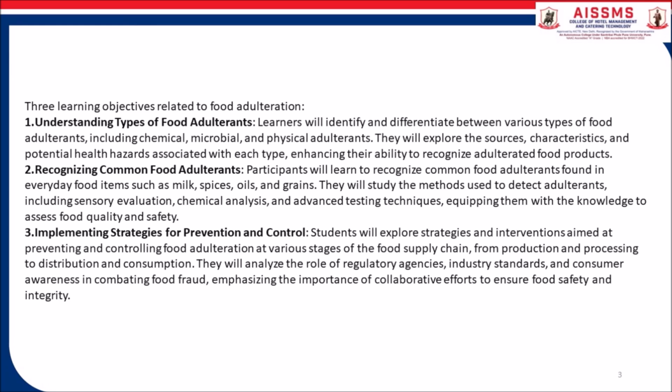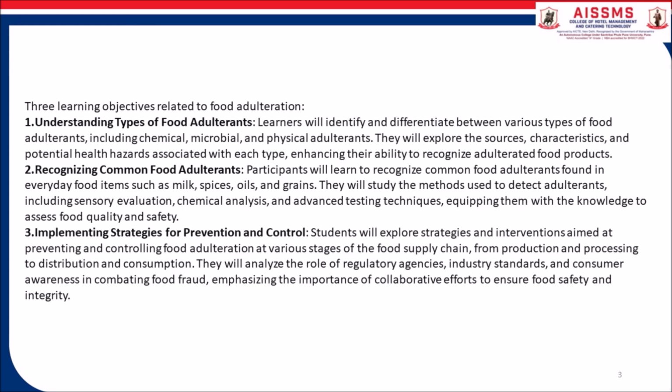We will also learn about analytical tools and technologies used for detecting adulterants, including spectroscopic methods, chromatography and molecular testing. Through hands-on laboratory exercises and simulations, students will develop practical skills in identifying adulterants and assessing the purity of food samples.